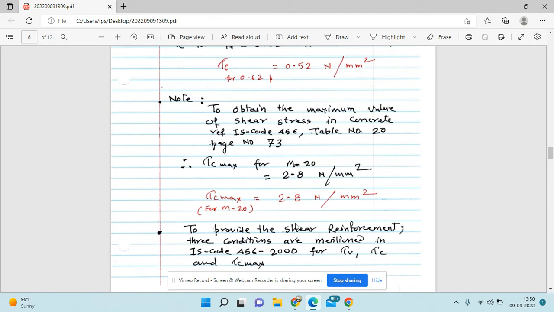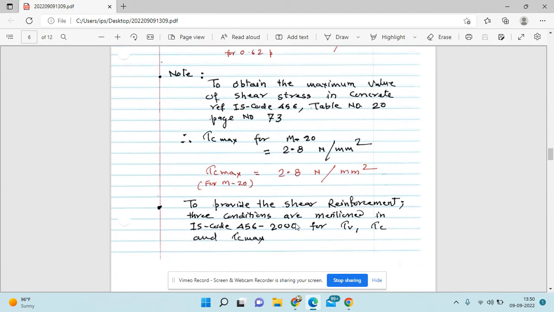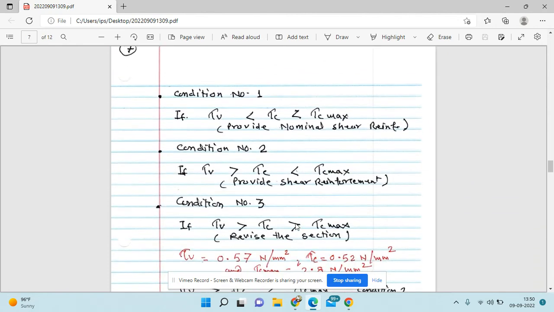Now, once we have tau c, we have to find out three important values: tau c, tau v, and tau c max. Then, according to the IS code, there are three cases. Condition number one, when tau v is less than tau c and also less than tau c max. Condition number two, tau v is greater than tau c but less than tau c max.